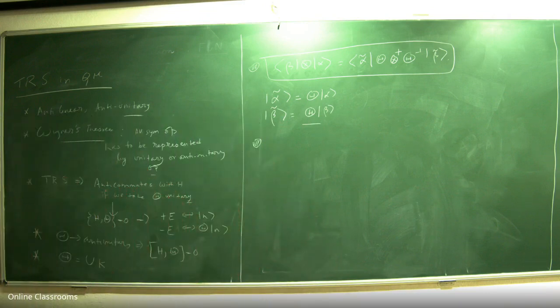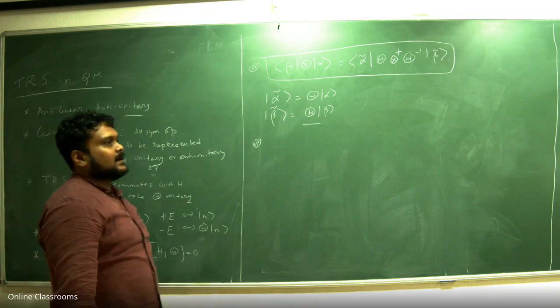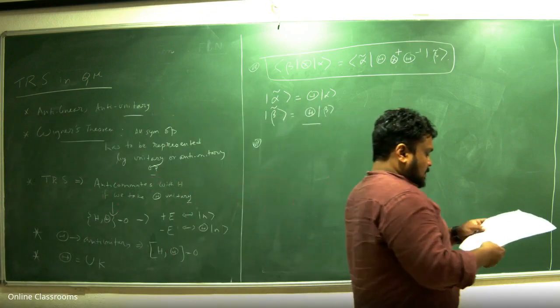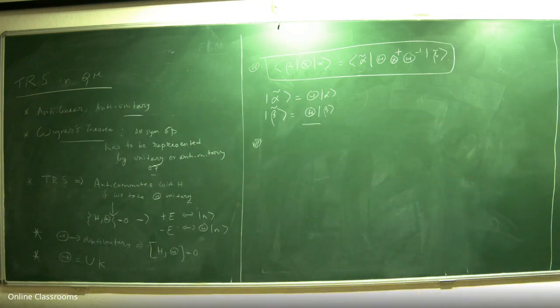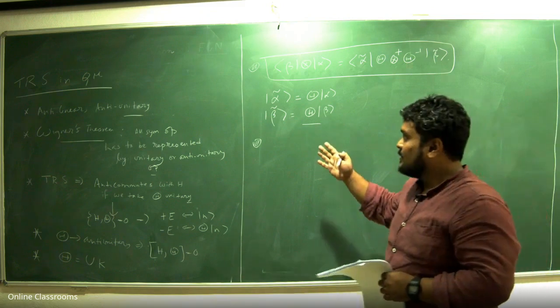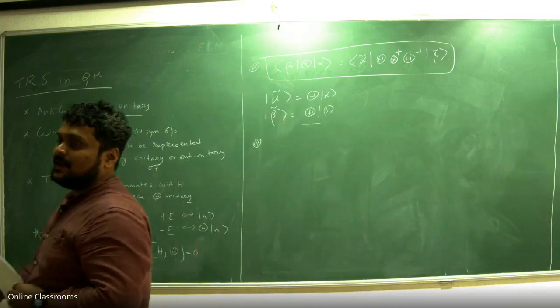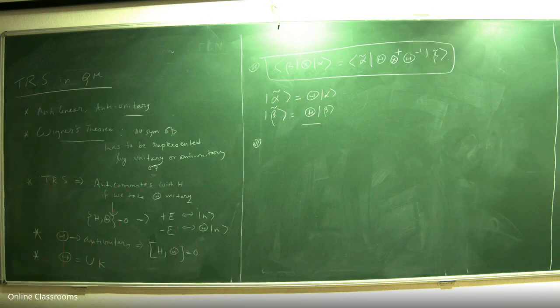Now notice it is a bit tricky to explain how I define the action of time reversal operator on the ket and on the bra both, right? We have learned how to do it on the ket, but how will you do it on the bra? Why is it tricky?